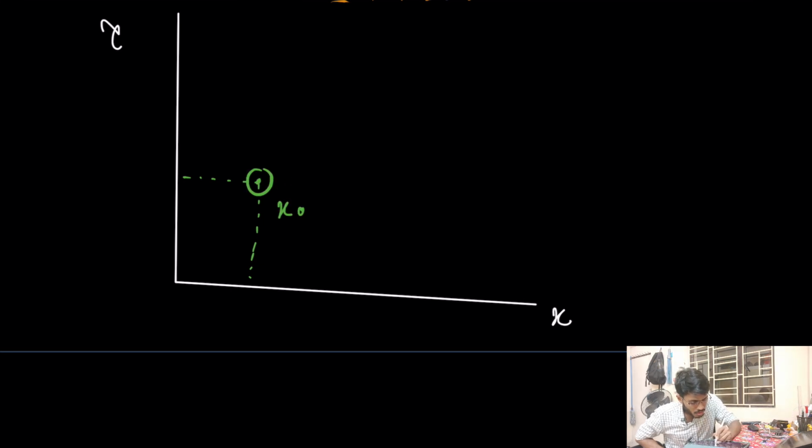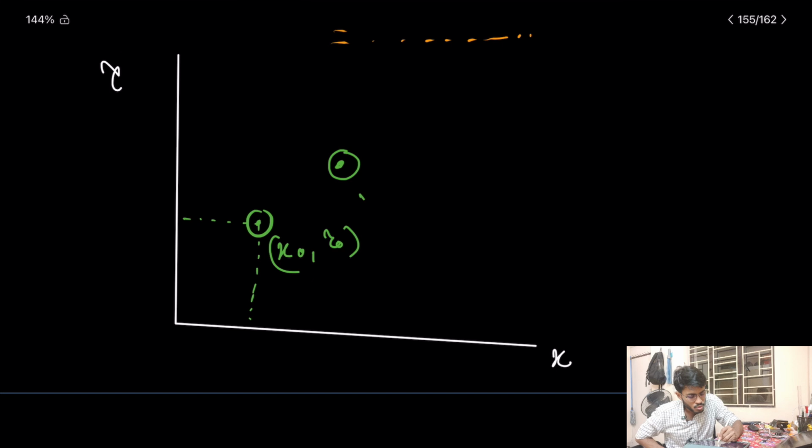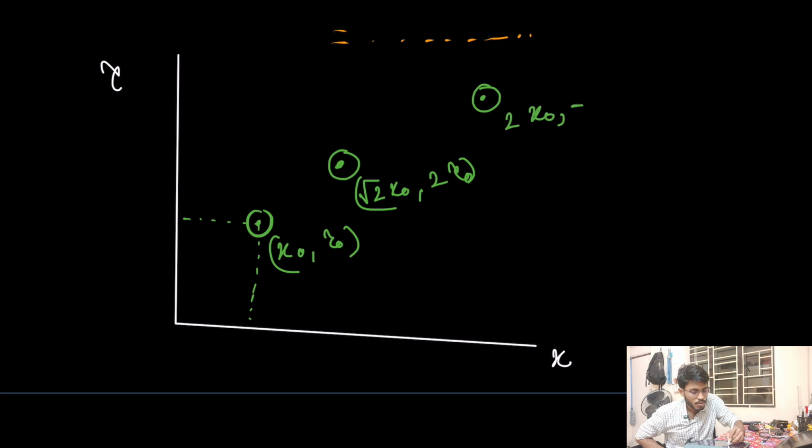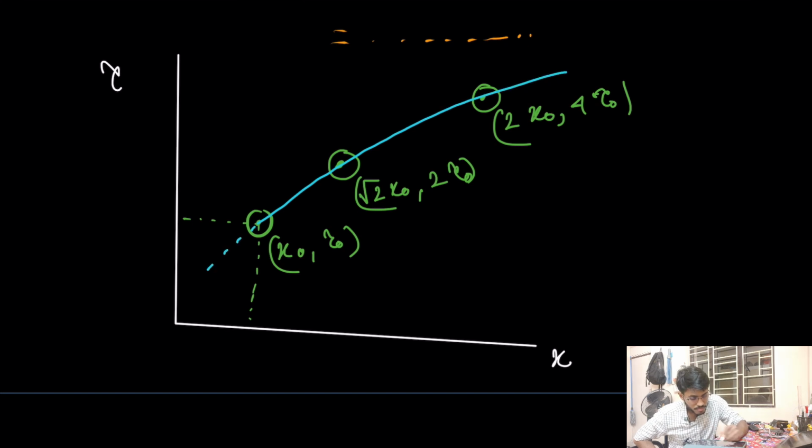This is x naught comma tau naught, this is root 2 x naught comma 2 tau naught, maybe this is again 2x naught comma 4 tau naught, and so on. These points are not drawn to scale. Now if I join this line something like this, then all these will have the same temperature theta.